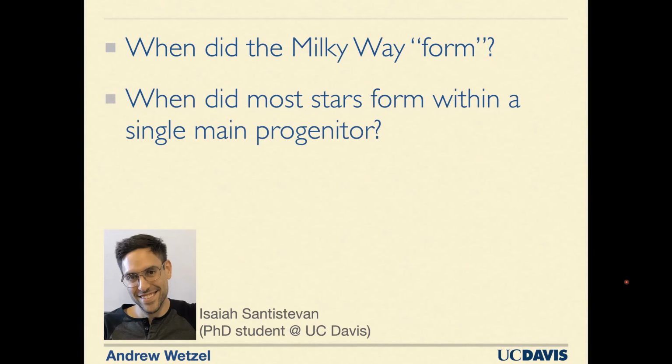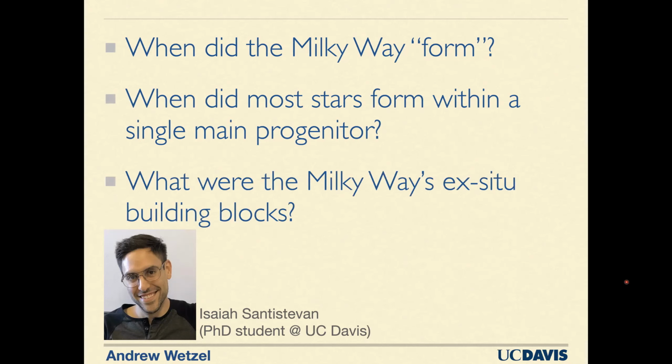When does it even make sense to talk about a main Milky Way progenitor, as opposed to just a bunch of Milky Way progenitors? And related to that is, what were the actual mergers, the ex situ building blocks that built a typical Milky Way mass galaxy across cosmic time?